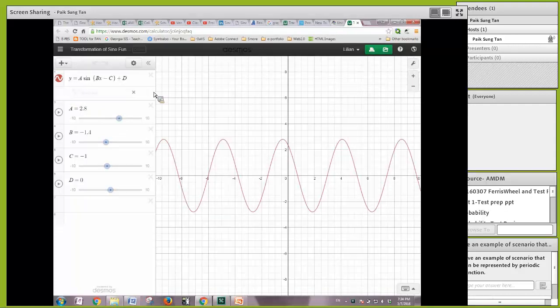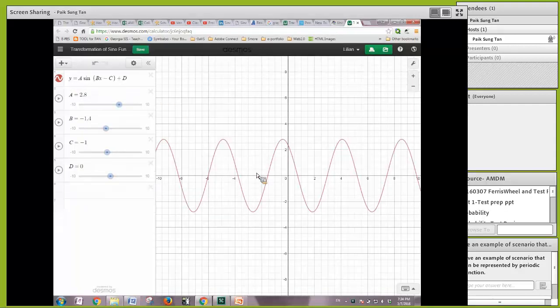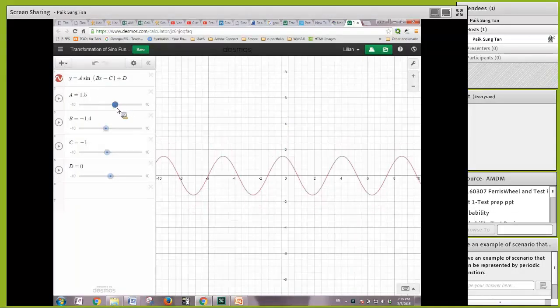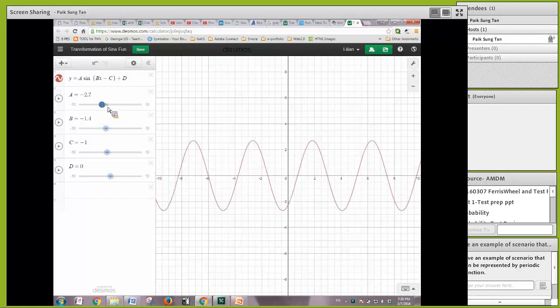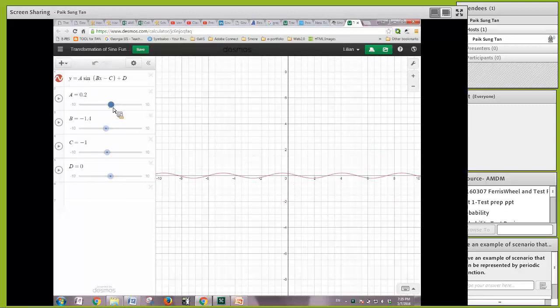So here's A, okay? Here's a Desmos graph. This is a sine function that I just put in, and I put in different parameters for us to play with. Okay, if I move my A, A is usually 1. Okay, 1 is a normal number. You cannot have A be 0, then it will just go flat.